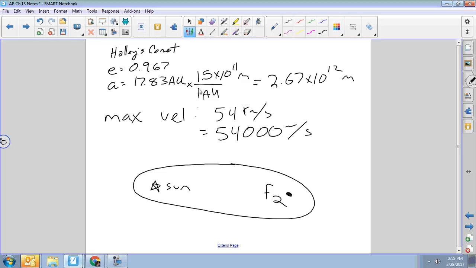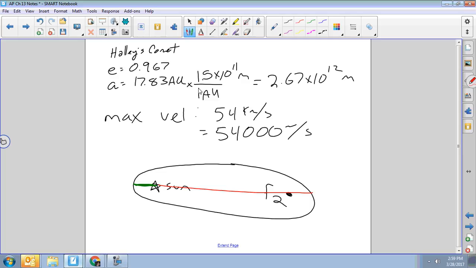So here's what I know. Basically, I need to know two distances. I need to know this distance, and I need to know this distance, right?